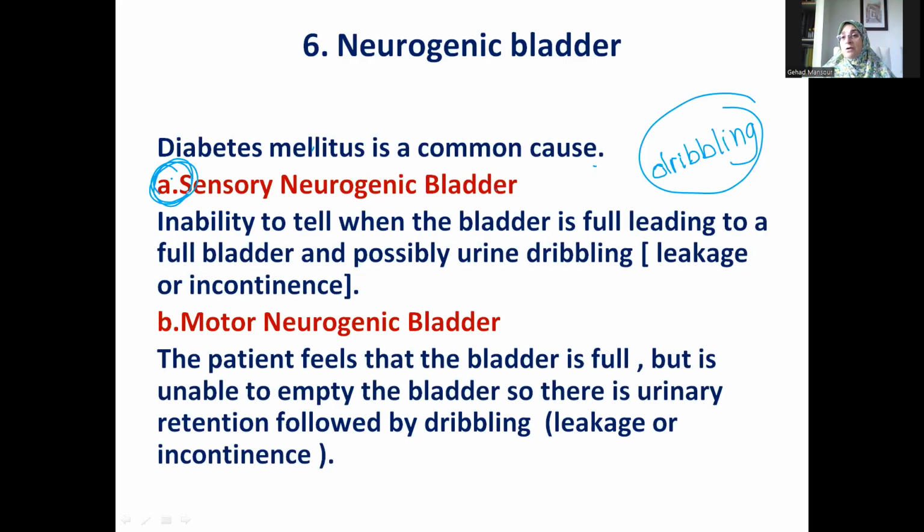He doesn't feel the desire to micturate, but he knows how to evacuate the bladder. So it's easy to schedule going to the toilet. But in the motor neurogenic bladder, he cannot do anything about it. In such a case, we have to insert a very fine tube, which we call a catheter, into the urethra to help him evacuate the bladder, because it would be extremely painful.